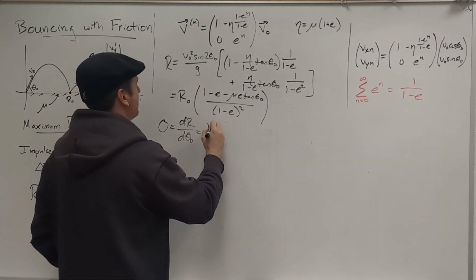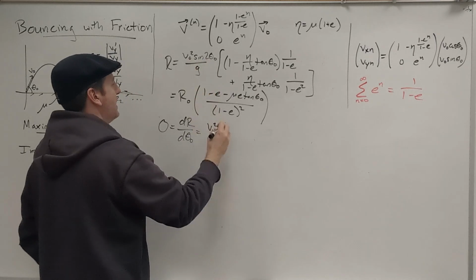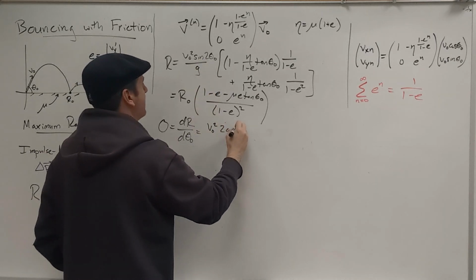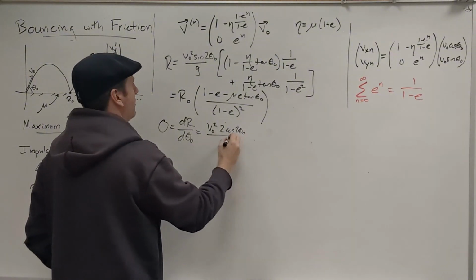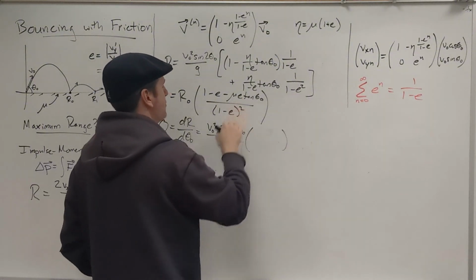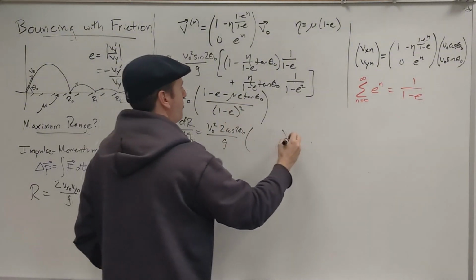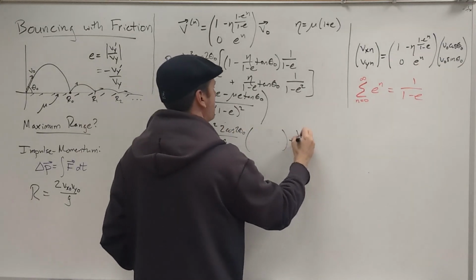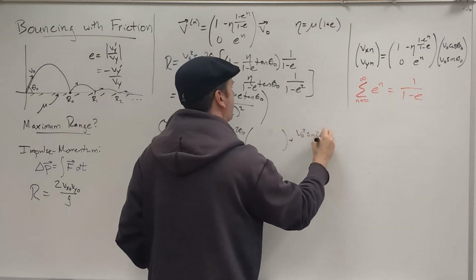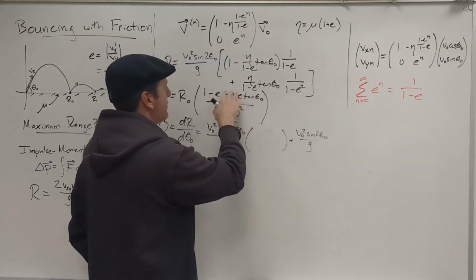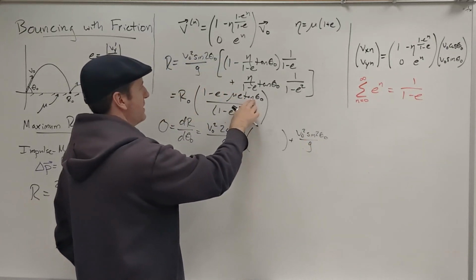We'll get v naught squared, derivative of sine is going to be 2 cosine of 2 theta naught, over g, times all this junk, plus this same thing, which is v naught squared except with a sine. And then the derivative of this will have a tangent here.